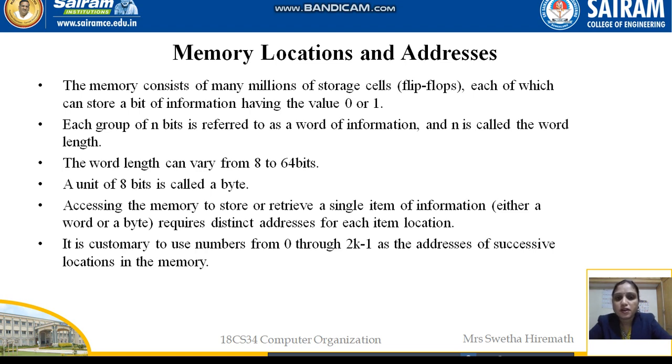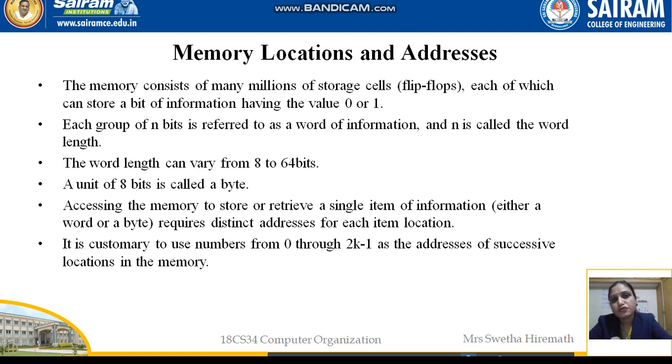First, the memory is subdivided into millions of storage cells. Each cell, also called a flip flop, can store only one bit of data at a time, that is one bit of information at a time.